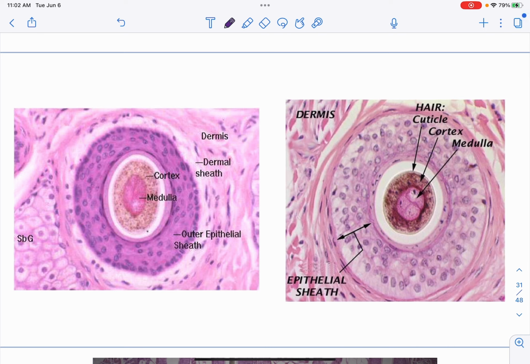It just depends on how the cut is made. So lots of times you'll see both. I think this image is probably a little bit better, it shows all of the layers. You can see the medulla in the middle, and then the cortex layer, and then the cuticle surrounds it. And then you can see the connective tissue that is around it.